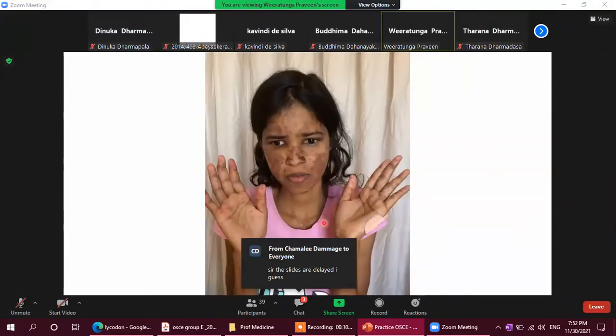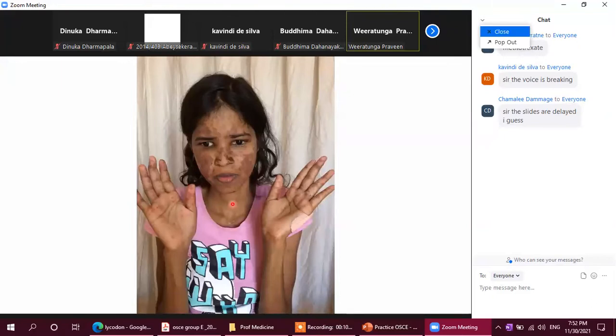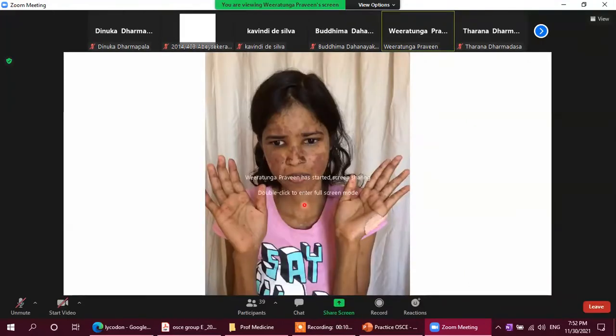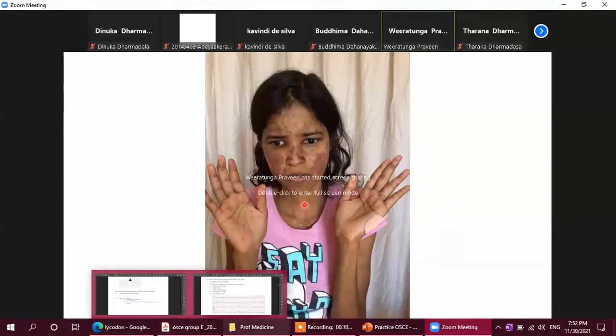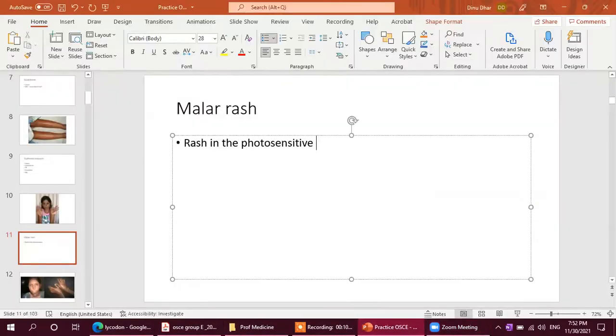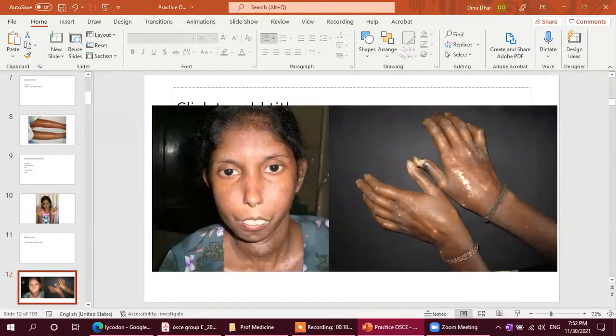Now this is again something that you can get. This patient has systemic sclerosis, and that's quite clear. If you look from the side, you'll be able to see this beak-shaped nose.